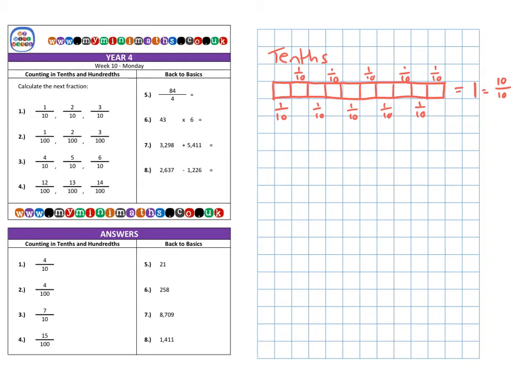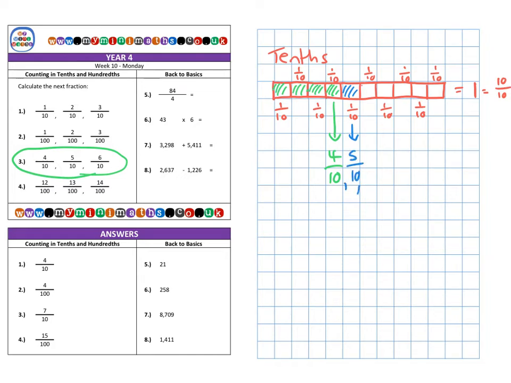And next I'm actually going to move to question 3 because these are also counting in tenths. So first of all, this time we're starting off at 4/10. So we have our 1, 2, 3, 4/10 here, and we're going to add a tenth each time. So if we add one more tenth, we have 5/10.